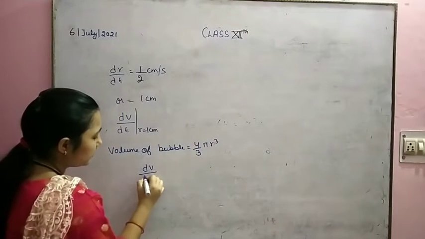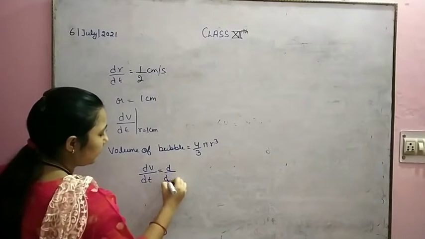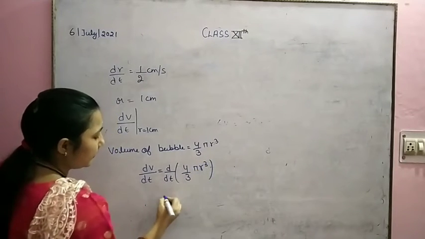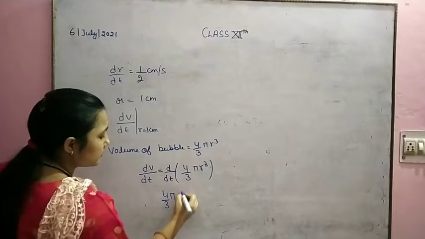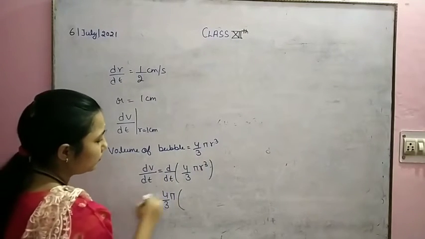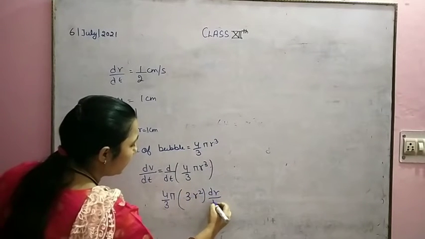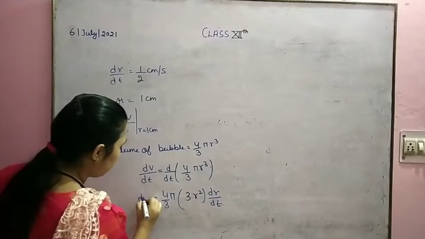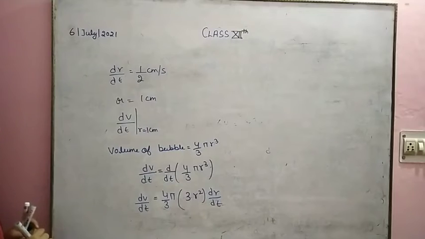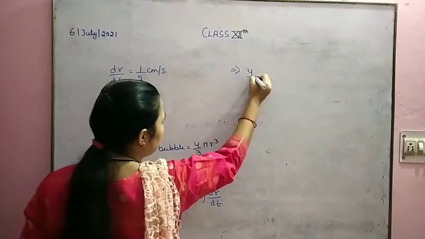Now differentiate this volume with respect to t. 4 by 3 and pi are common, just take them outside, and then find the derivative of r cube with respect to t, we get 3r square dr by dt. Correct? And now the value of r is given 1 centimeter and the value of dr by dt is half centimeter per second. Just put all the values.